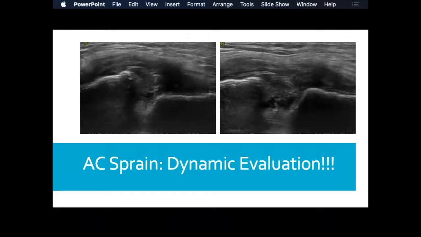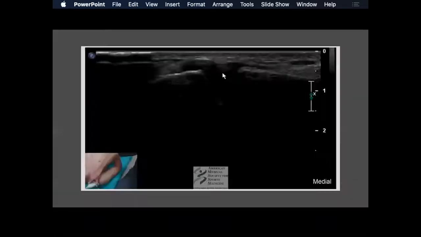If you have a third hand, you can hold the ultrasound over that, and you see those images. The AC joint is being ballotted up and down, and you can see a pretty crisp tear with fluid going through there. Next slide.